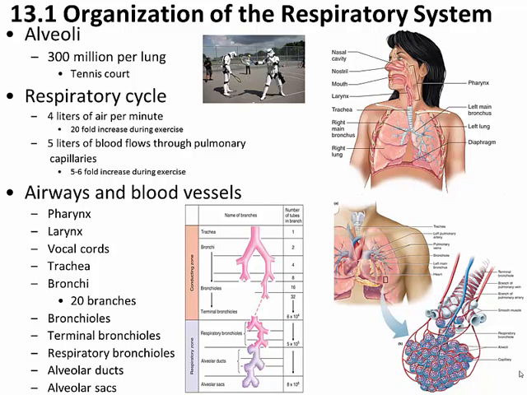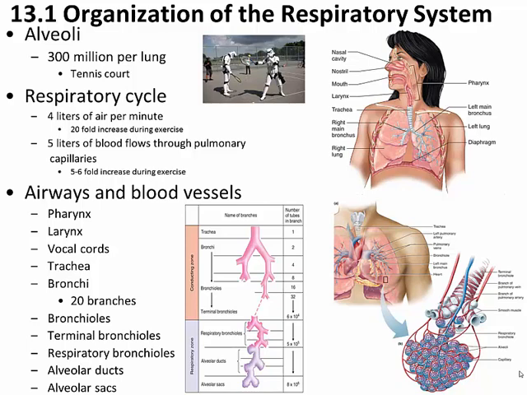So the overall purpose of the respiratory system is to bring air in contact with blood. The term respiratory cycle refers to one inhalation and one exhalation, and we go through several respiratory cycles per minute.